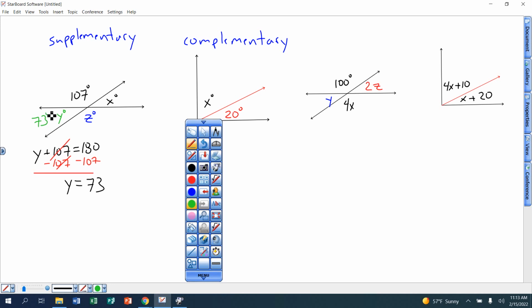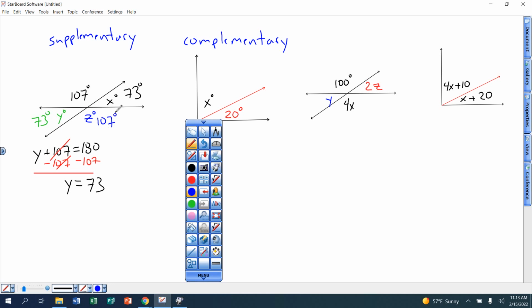If I'm asking just for angle x, because these are vertical across from each other, vertical angles are always equal. So if that's 73, the angle directly across from it is 73 also. And for another vertical angle, if I have one angle that is 107, the angle straight across from it is 107.